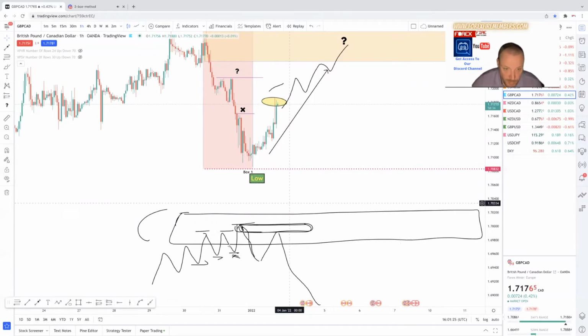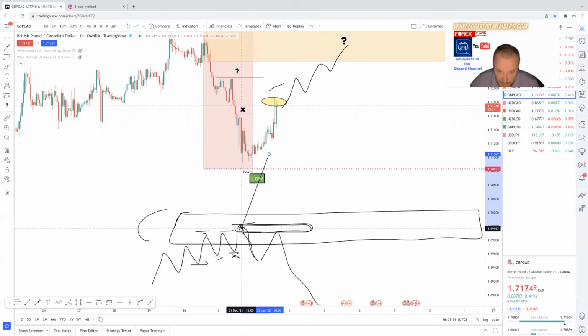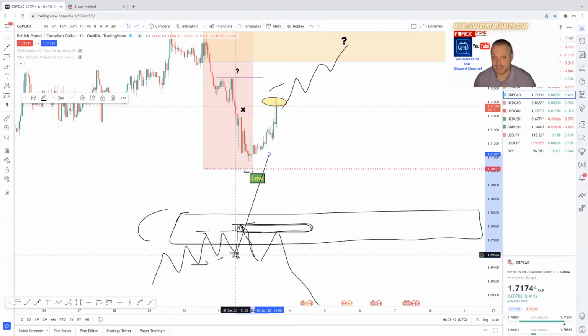Once price comes up and it hits into here and it starts to get exhausted inside of the zone, we are anticipating a move back down and having that break of structure. So you're technically having a reversal within that nested area.